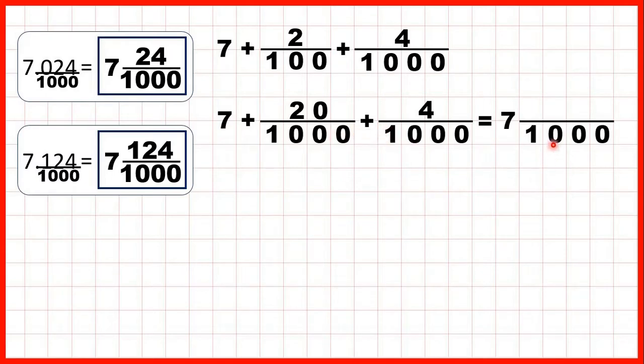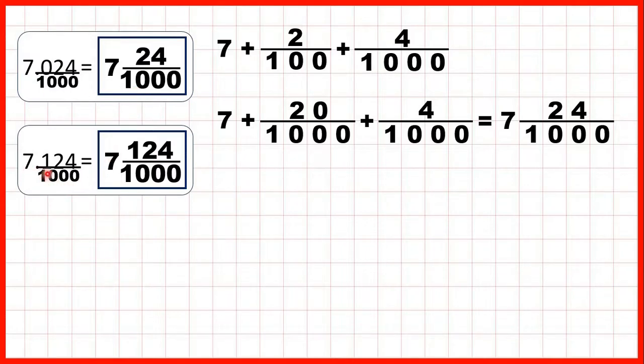So that stays the same in our answer, and 20 plus 4 is 24. So that's why we can write 7.024 as 7 and 24 thousandths. It's because the 2 in our hundredths is equivalent to 20 thousandths, and putting that together with the 4 thousandths gives us 24 thousandths in our mixed number.